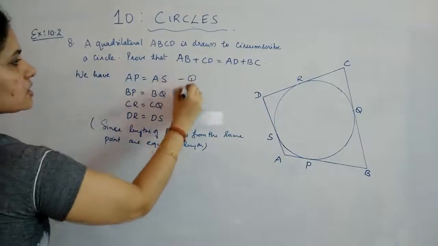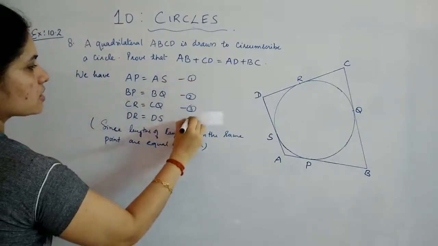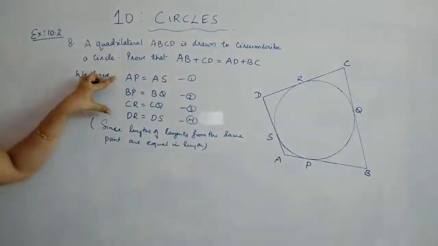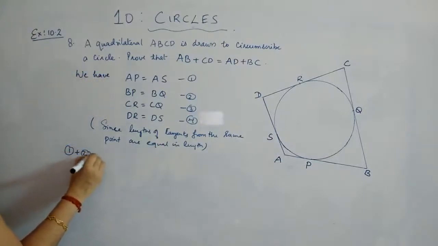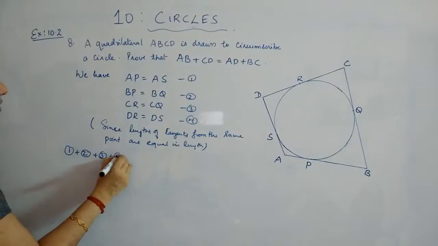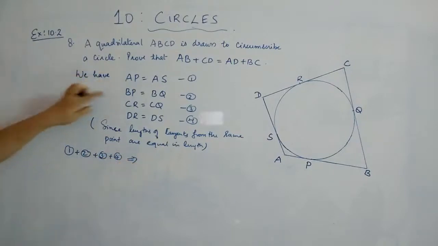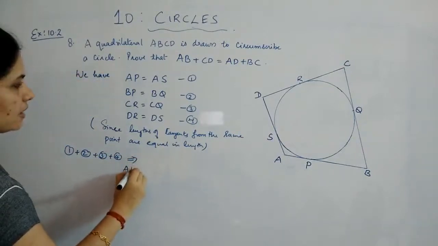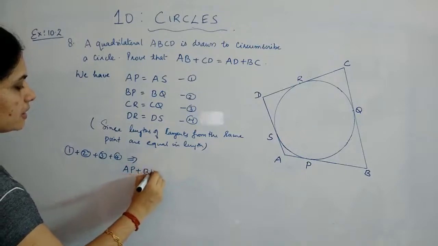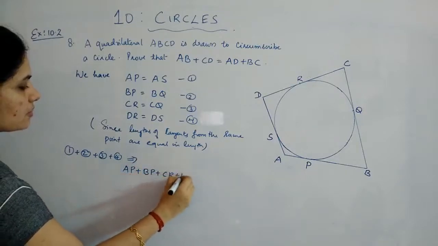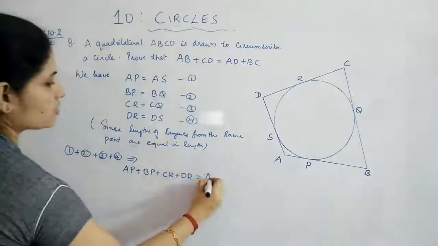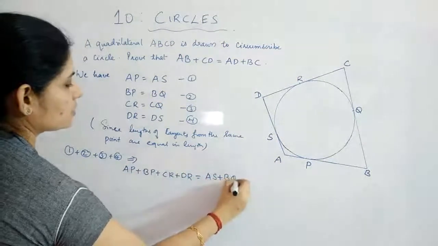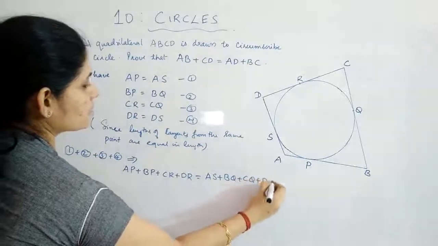Okay, I'm just adding the four equations. So adding equation 1 plus 2 plus 3 plus equation number 4 will give you the left hand side as AP plus BP plus CR plus DR is equal to AS plus BQ plus CQ plus DS.